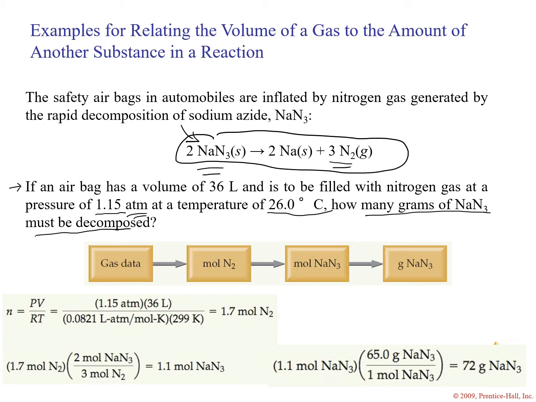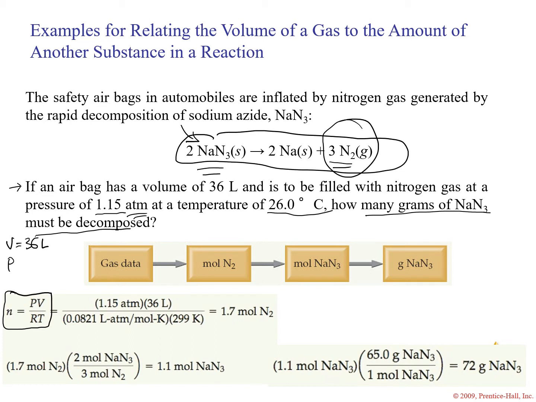So as you can see, you have all the information needed to determine the number of moles of the nitrogen gas, because you can apply PV equals nRT. Rearranging this equation to calculate the number of moles would be just PV over RT. So the gas data listed here in the problem is volume, 36 liters.